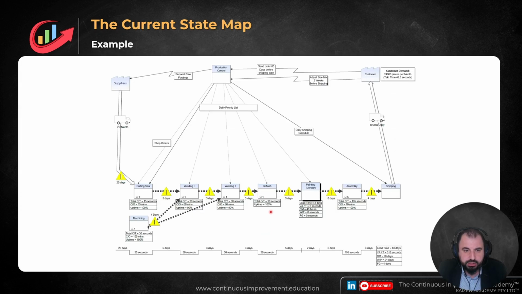today's session. So for example, this is a complete as-is process map, and as you can see here, in the right-hand side in the upper area, you will find the customer and the key information about customer demand, and also you will see how the customer interacts with the production control, or how the sales department or the planning department interacts directly with the customer, in terms of, for example, the forecast and also the actual orders.